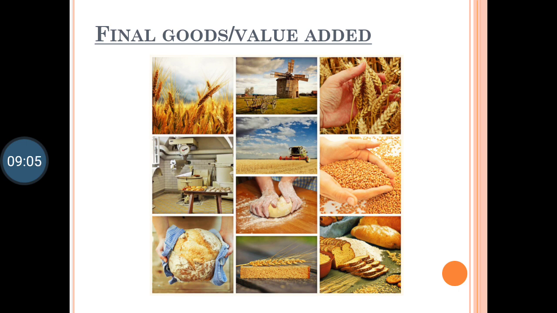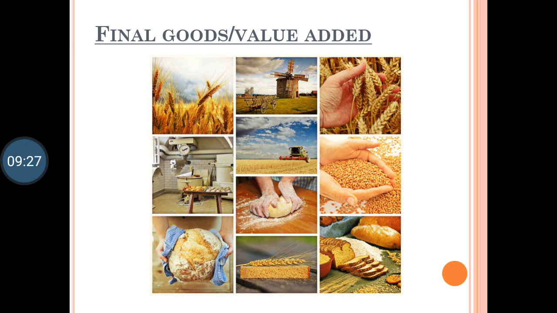Now at every stage, in value added, we take into consideration the prices at every stage. Like we take wheat prices, then we also include flour charges, then we also include oven electricity charges.